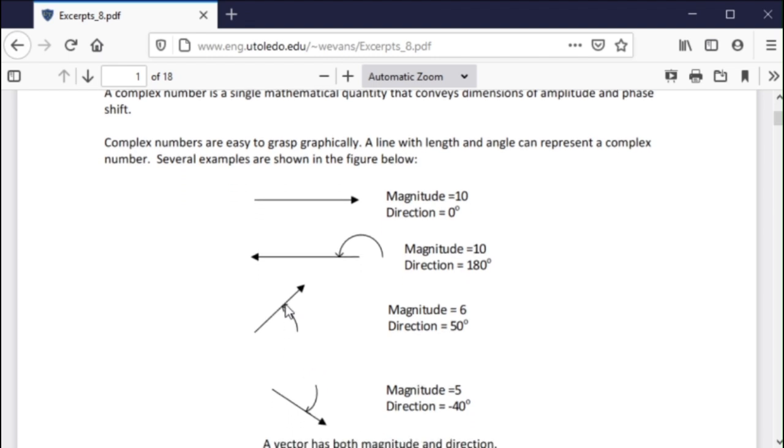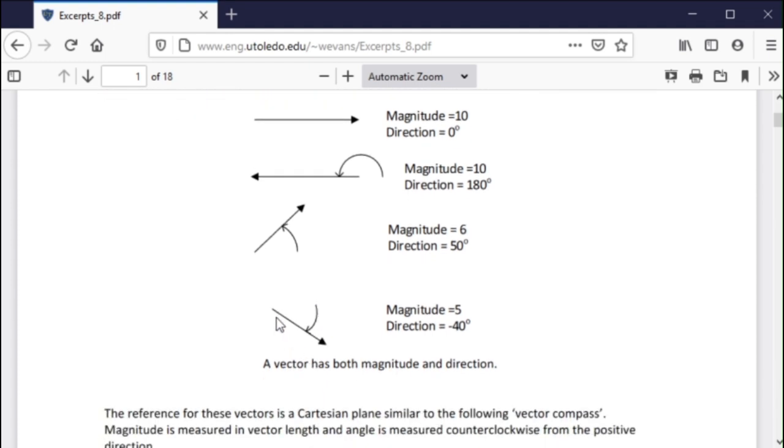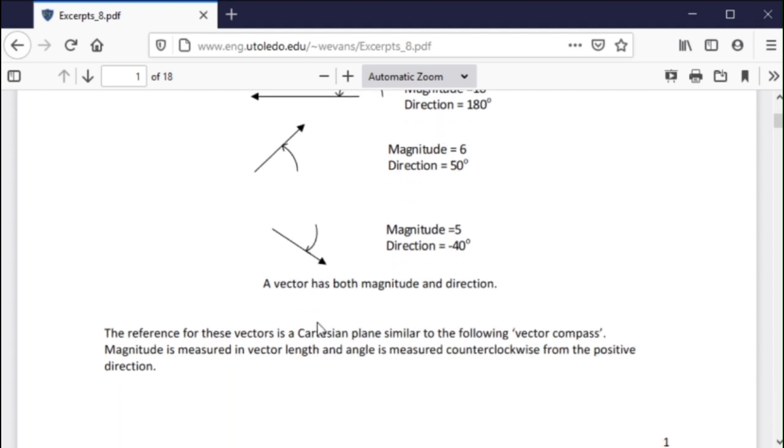Here's one with a magnitude of 6, but with an angle of 50 degrees. Here is one with a magnitude of 5, but with a direction or an angle of minus 40 degrees. So a vector, which is what these are, has both magnitude and direction, and is similar in a Cartesian plane to following the vector compass.